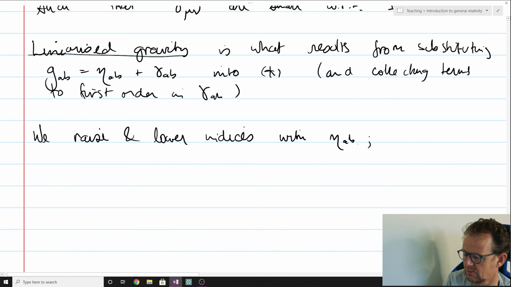There is one case where it doesn't work. I'll highlight that in a moment. There is an exception. So almost always you can raise and lower indices with the flat metric because to linear order, the higher order corrections just won't matter.